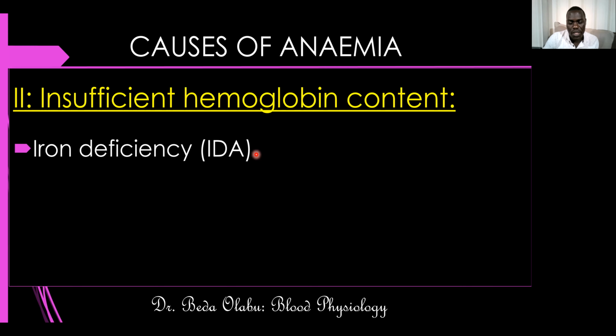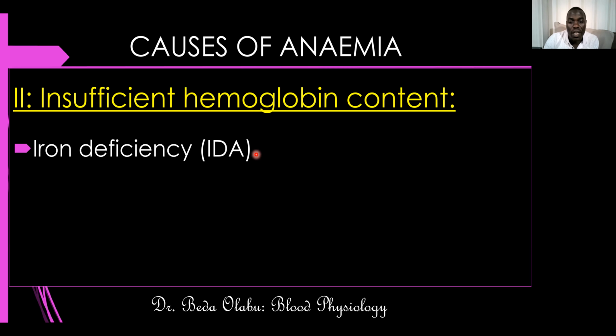Iron is important in the synthesis of hemoglobin. And so when the iron component is not there, then the hemoglobin will not be synthesized. The red cells need this iron for them to synthesize hemoglobin. Therefore, if there is iron deficiency, you will have less hemoglobin within the red blood cell. We call such kind of anemia iron deficiency anemia.